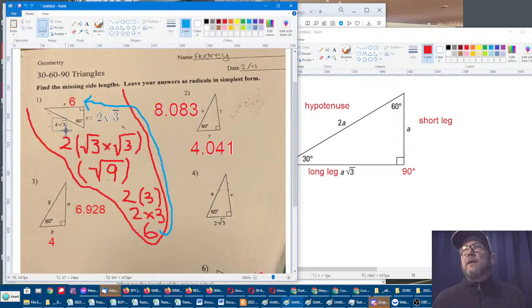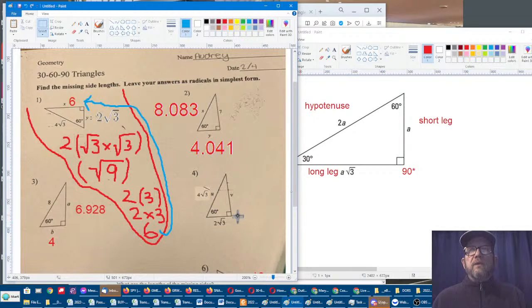Let me copy that. Alrighty, and let me put that over here. And that's your answer for your hypotenuse.